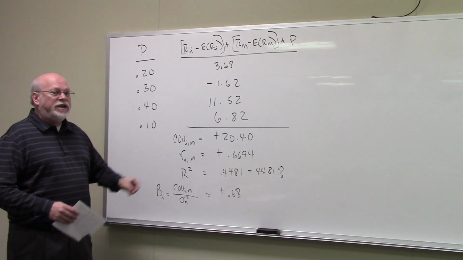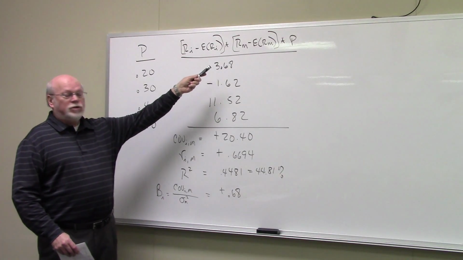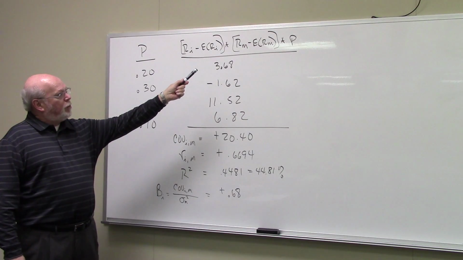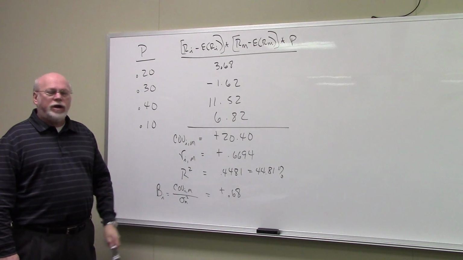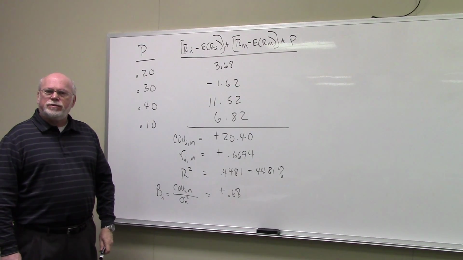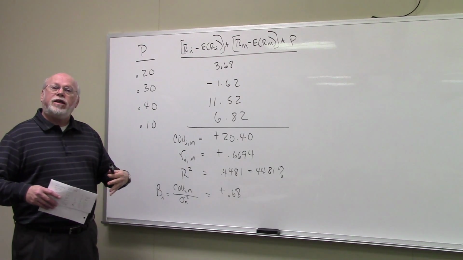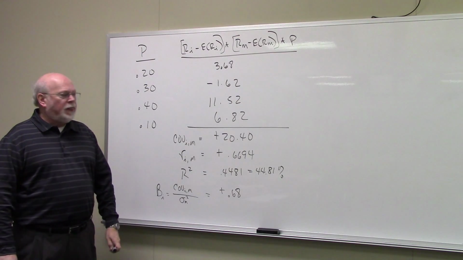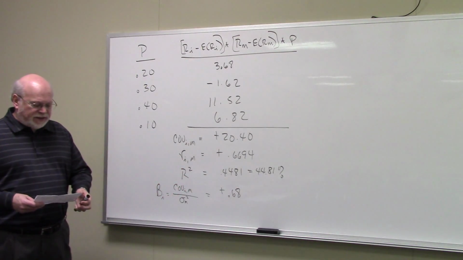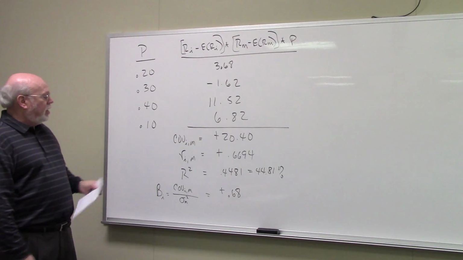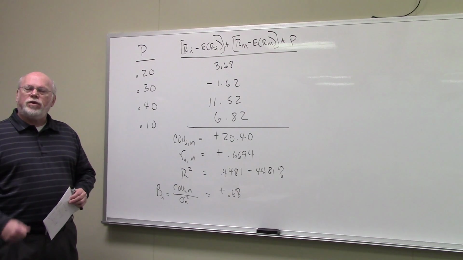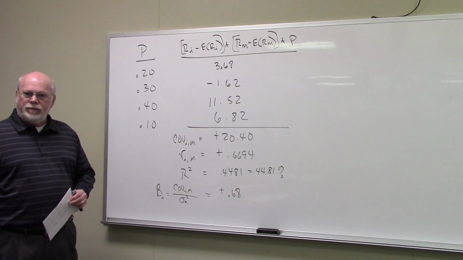As you see up at the top, these are the deviations for the security multiplied by the deviations of the market. Then we multiply those deviations multiplied together by their probability of occurrence. Looking at the problem, the deviation for the security was negative 9.2, when the deviation for the market was negative 2.